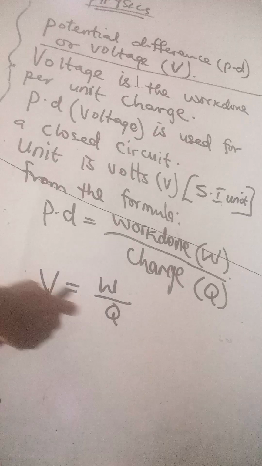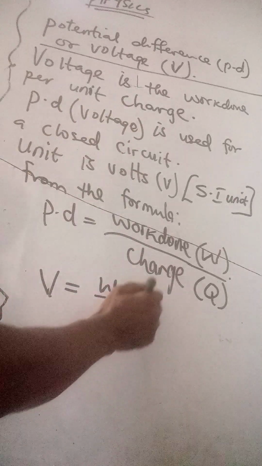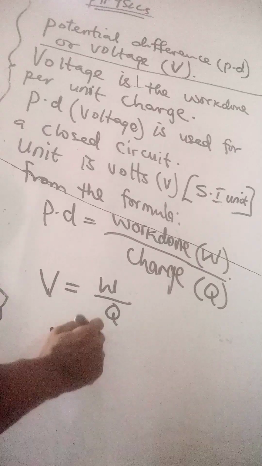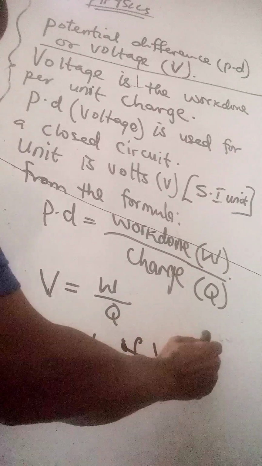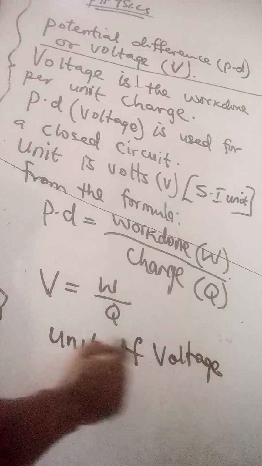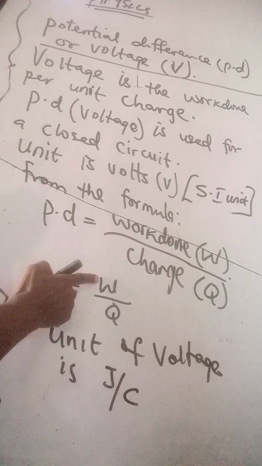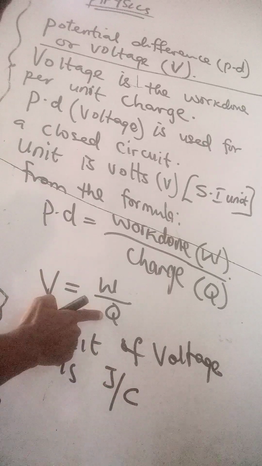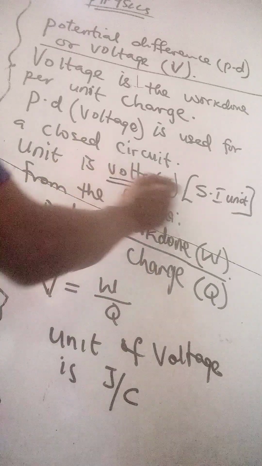This is the formula derived from the definition. And definitely we can also derive the unit from here. The unit of voltage from this formula is joules per coulomb. Joules for work, coulombs for quantity of charge. But the SI unit here is volts.